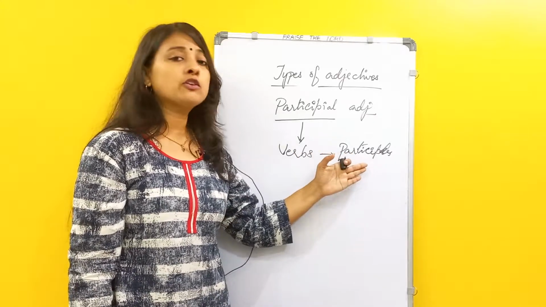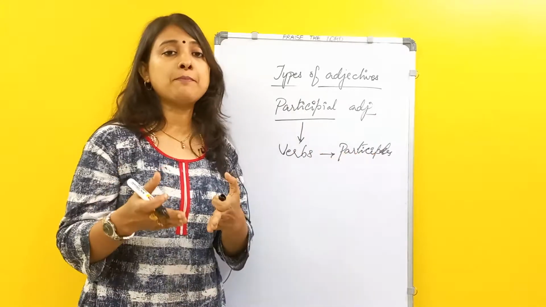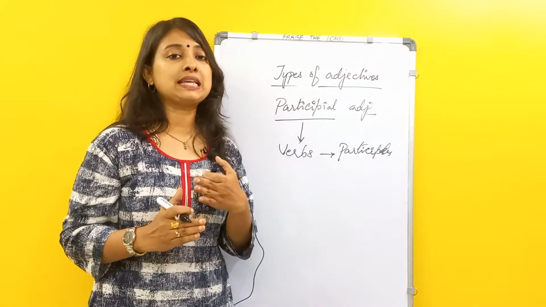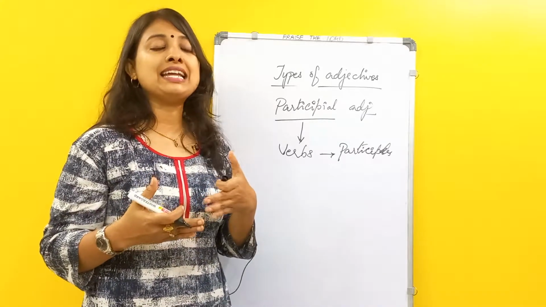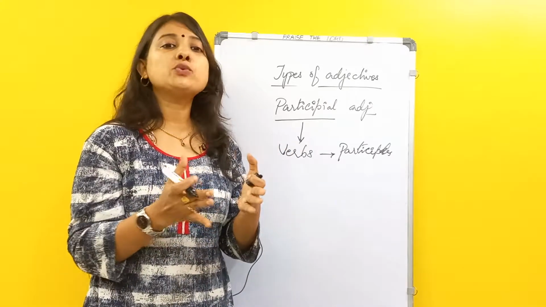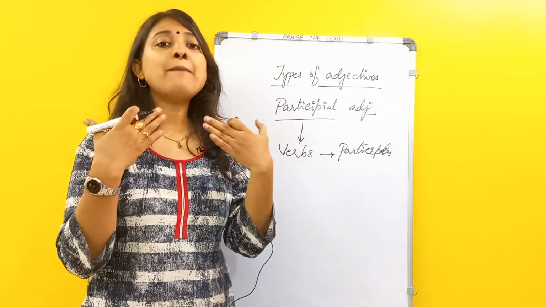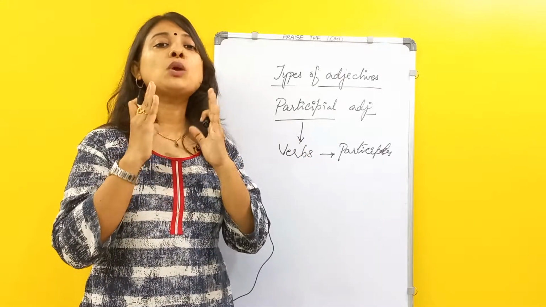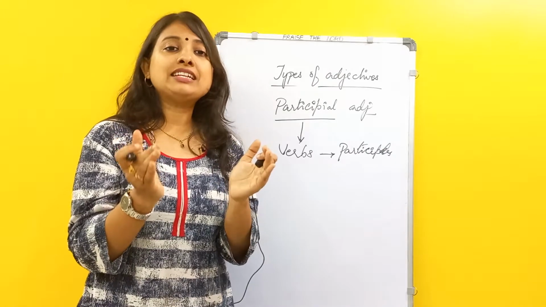We will come across past participle and present participle when we deal with tenses. But for present understanding, a verb is an action word, isn't it? An action word like I am doing, I am teaching. Teach is the verb form.